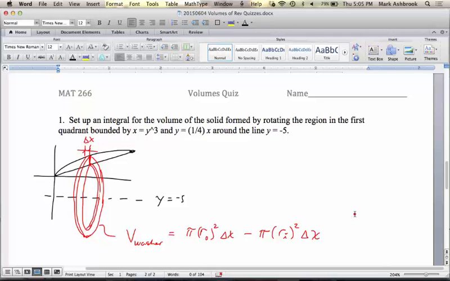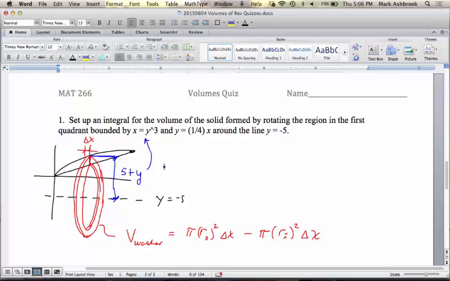Agree so far? So what's the outer radius? The outer radius is from -5 up to what? The y coordinate of the curve. So it's going to be, again, 5 plus y for the curve.